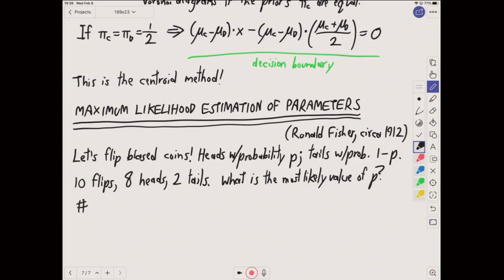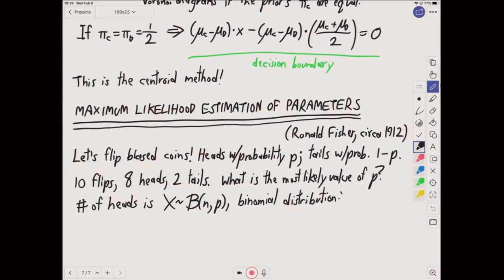All right, well, we know that the number of heads that you get is a random variable, we'll call x, that comes from a binomial distribution. I hope you remember a little bit about the binomial distribution from your previous probability class.